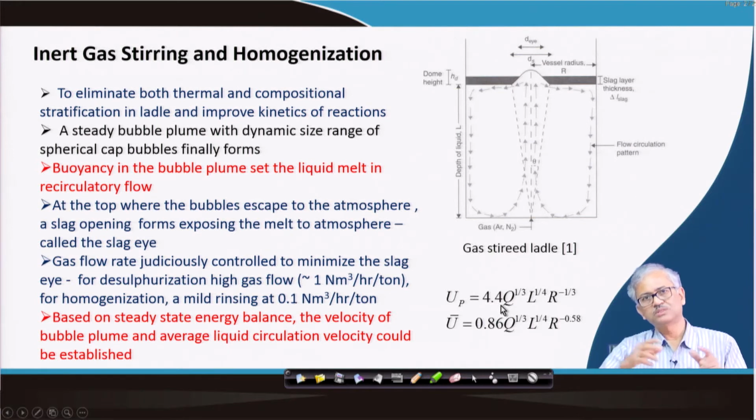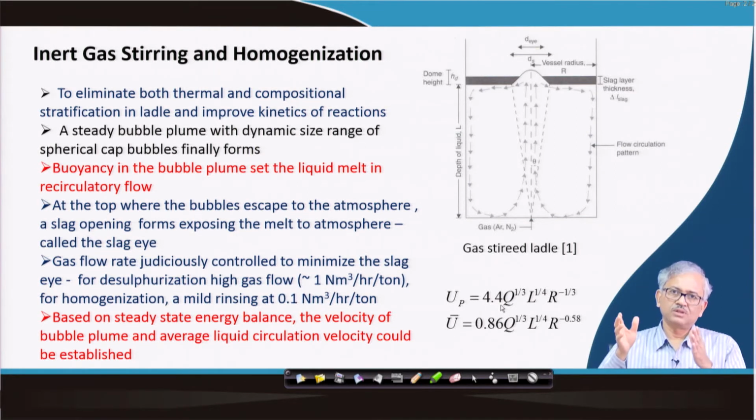What is a cold model experiment? You must know that you can make a scaled down model of the actual prototype in the laboratory, and you can use some low temperature analog for the slag and metal, and then you can simulate the process.